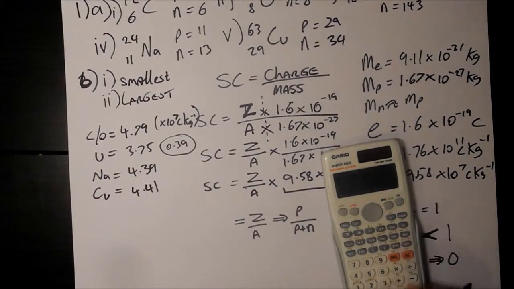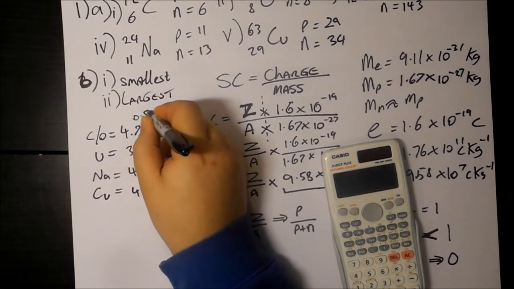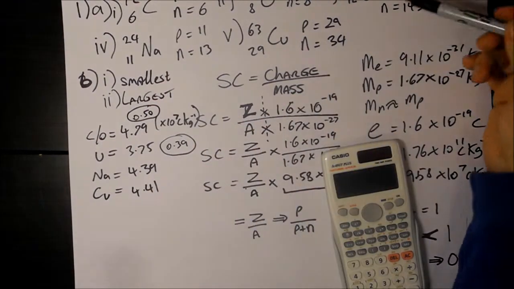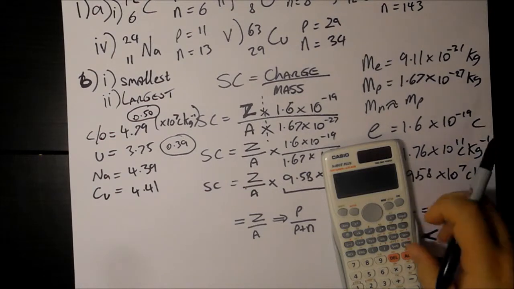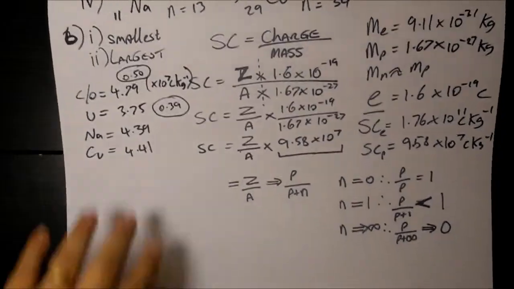And if I looked at carbon or oxygen, it would have been a half. And these would be somewhere in between. So all I had to do was work out the ratio and that would tell me the answer. Bit of a complicated question, that. Easy if you understand specific charge very well, not so easy if you find it difficult. Let's move on.